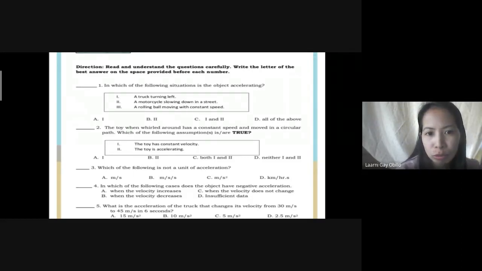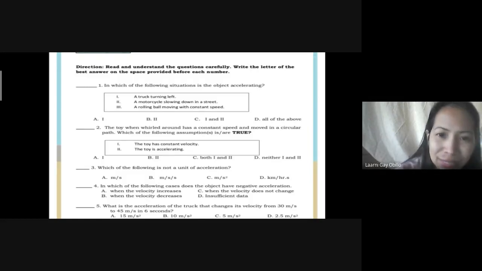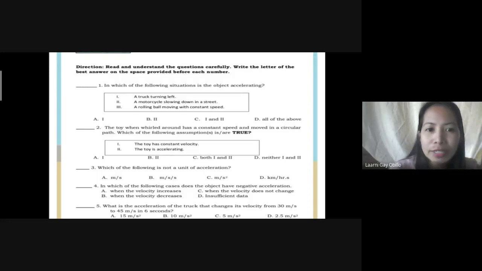Letter B, 2, the toy is accelerating. Sabi nga natin, it has a constant speed and moves in a circular path. Hindi rin nagbabago yung direction niya. Okay, answer for now, that number is letter. Ayan, binibigay ko na yung sagot.